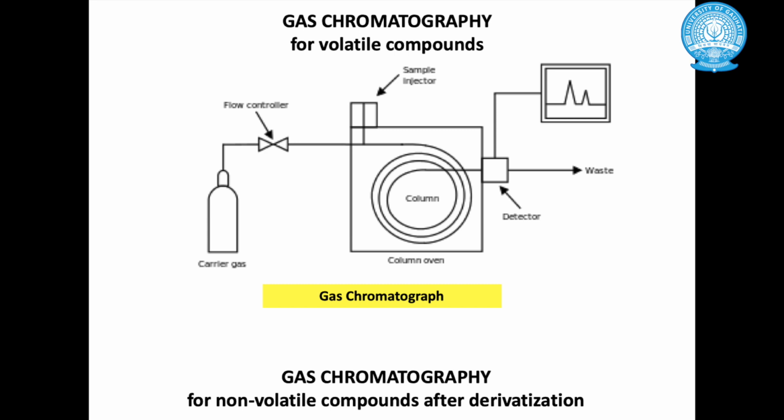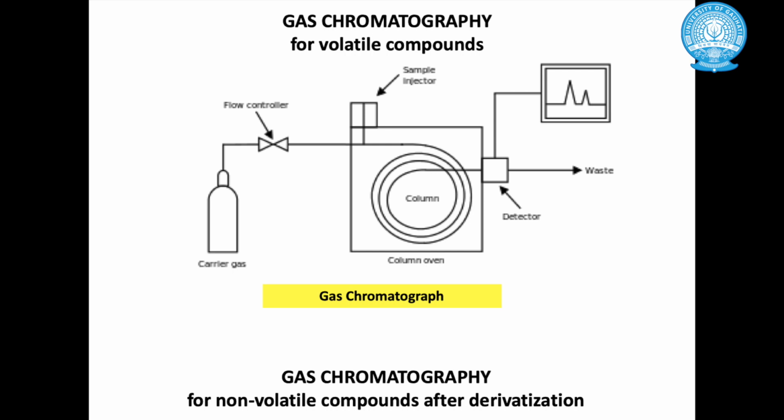When it enters the column, the entire length of the column helps in separating the compounds present in this sample, and these compounds get separated through their course along the length of the column.